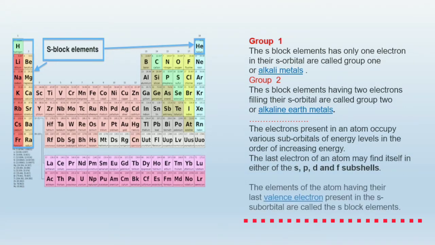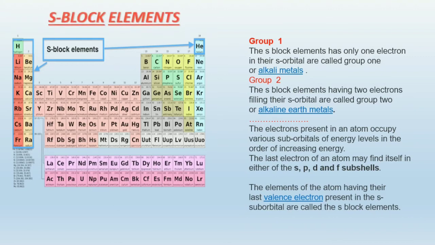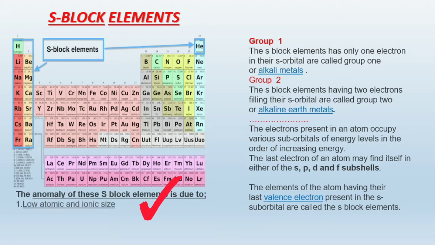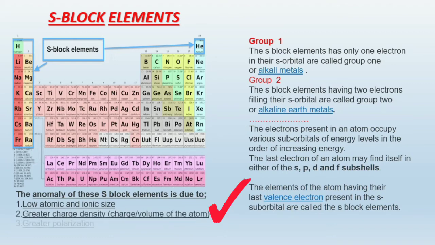The elements having their last valence electron present in the s sub-orbital are called S block elements. The anomalous behavior of some S block elements is due to low atomic and ionic size, greater charge density, greater polarization and absence of d orbitals.